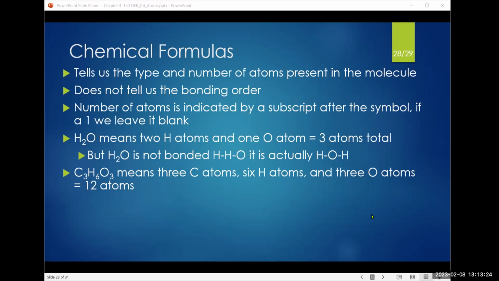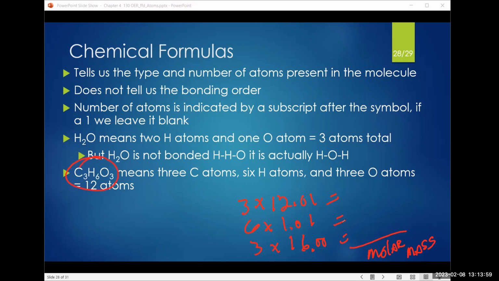With that information, we say there are 3 carbons at 12.01, 6 hydrogens at 1.01, and 3 oxygens at 16.00. When we tally all that up, we get what's called the molar mass of that compound.